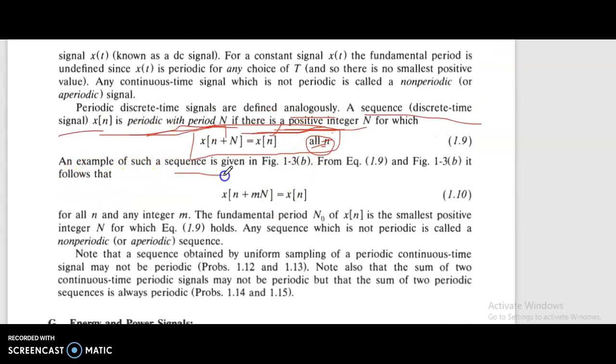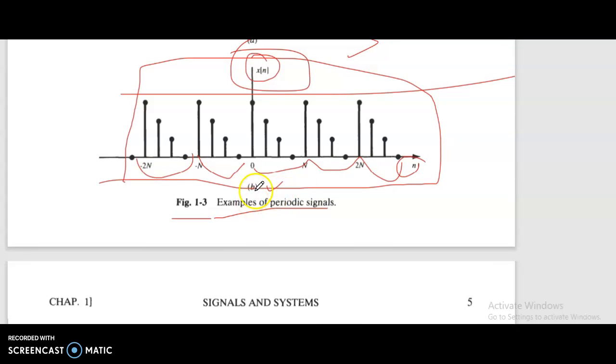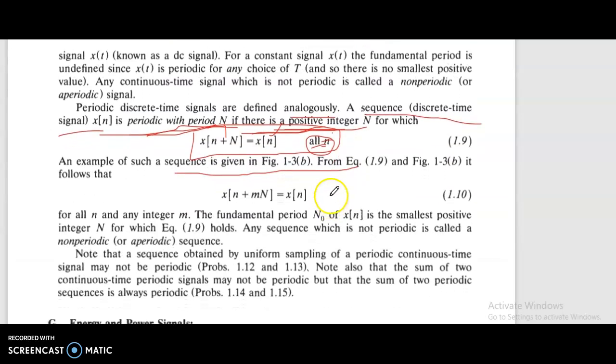An example of such a sequence is given in figure 1.3b.